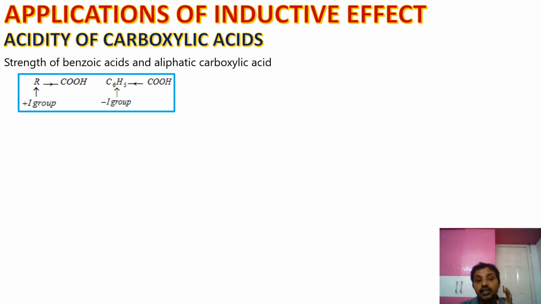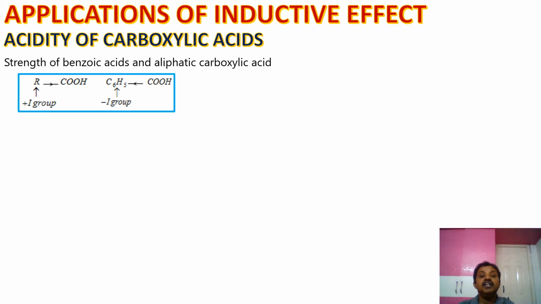That is, the alkyl group shows a positive inductive effect, meaning an electron releasing group. Whereas the phenyl group, the C6H5 group, acts as an electron withdrawing group, that is, showing the negative inductive effect.